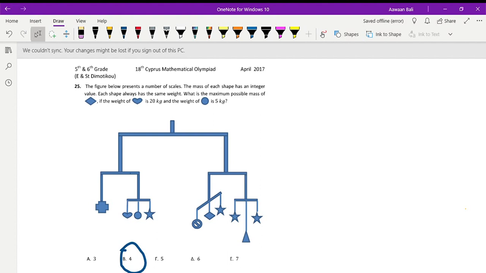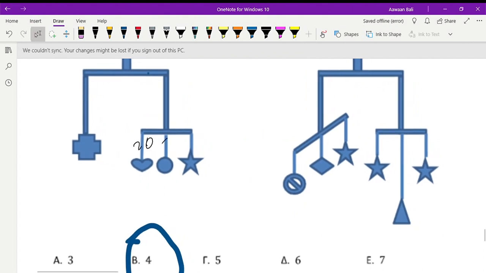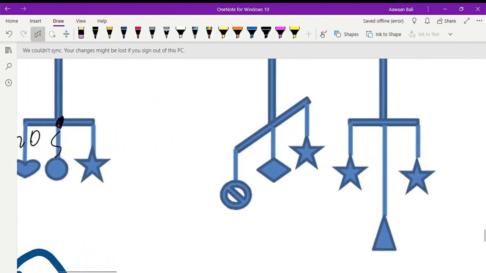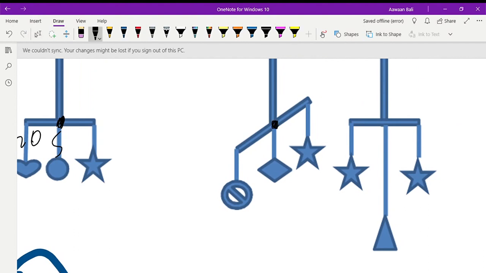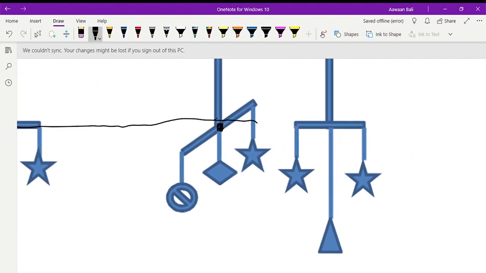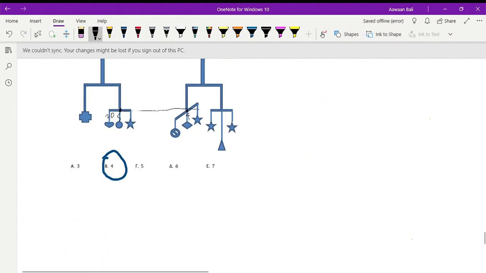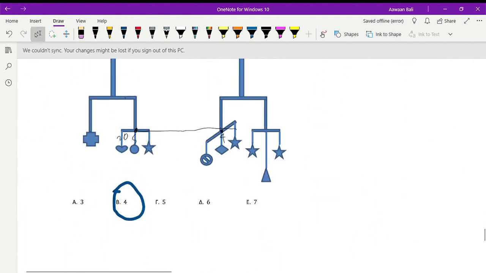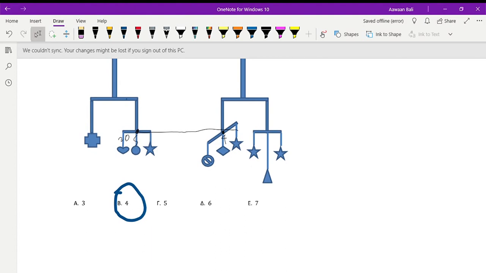Okay, so we know that this is 20, this is 5. The easiest shortcut is that since all of them are balanced, you can check this and then you check this. The thing is, they're actually slightly different, just slightly different by 1 centimeter. So you can say this is 4, and already you got the answer, because the maximum possible mass is 4. When you look at them lined up, all of them have to be corresponding.